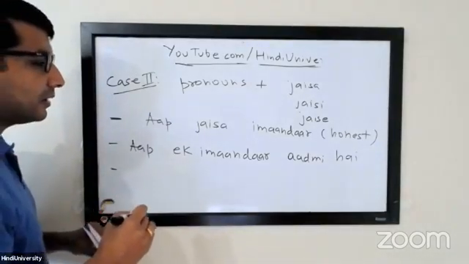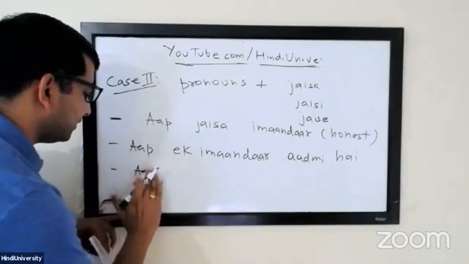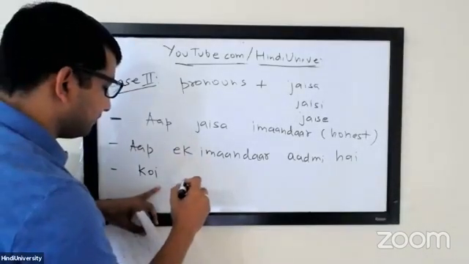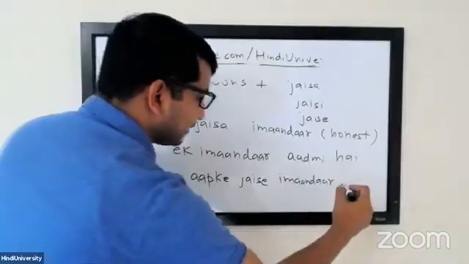No one is as honest as you. Then you can use कोई, no one. कोई लोग... ईमानदार... आपके जैसा. आपके जैसे कोई ईमानदार नहीं है.